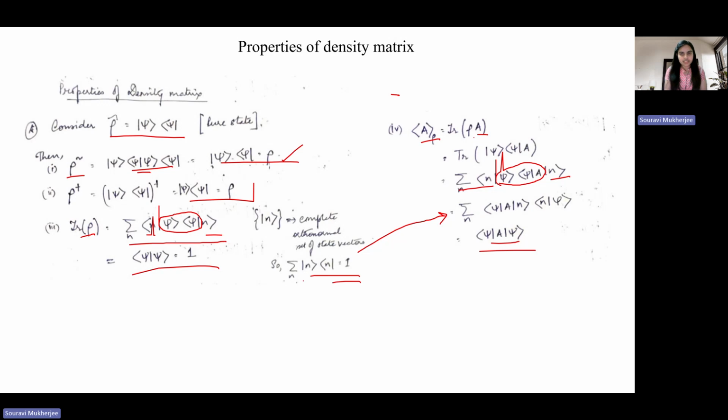You get a new matrix, and then you find the trace of that. That by itself will give you the expectation value or the average value. So it is the same thing, but now you are seeing how to write it in terms of matrix formulation.